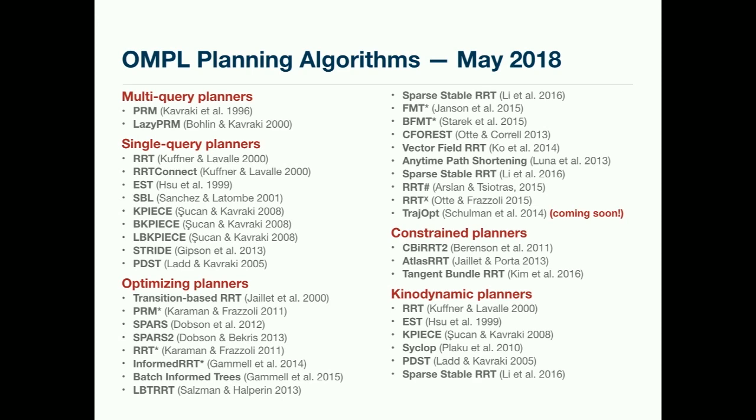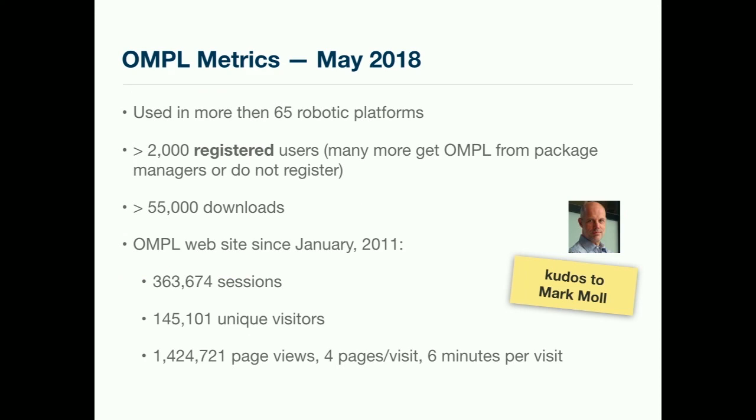If you want to do motion planning today, I would encourage you to have a look at this library. It contains many sampling-based planners developed by us and by others, but also we see contributions for non-sampling-based planners now. It is a good idea to look at these planners. Many registered users, many downloads, and Mark Moll has been maintaining this library for many years.